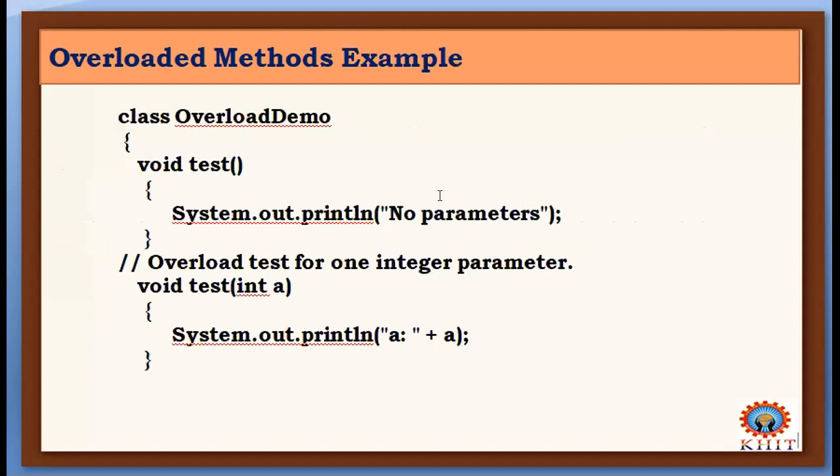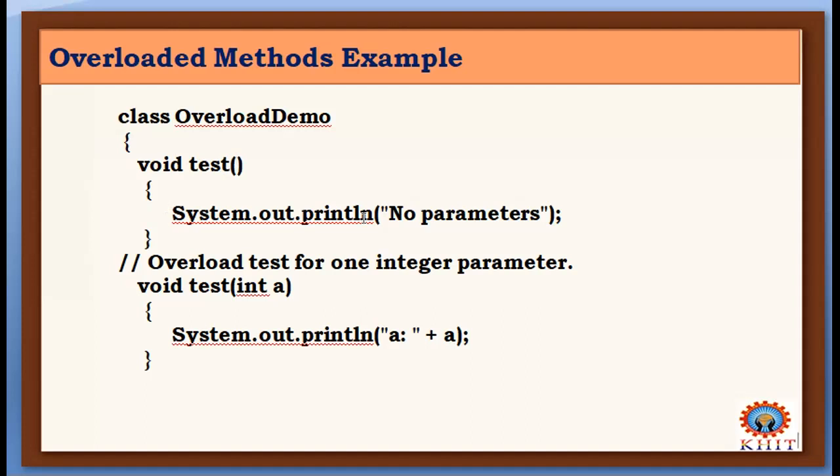Now a small example you can consider. There is a class OverloadDemo, and in that class I am writing a method called test, void test. For this test method I am not passing any parameters.